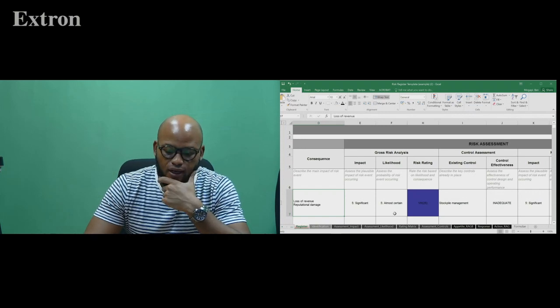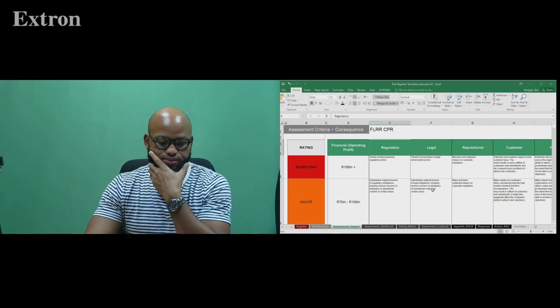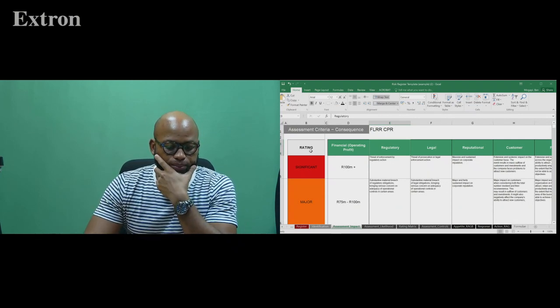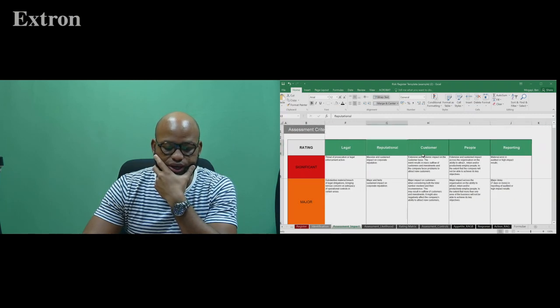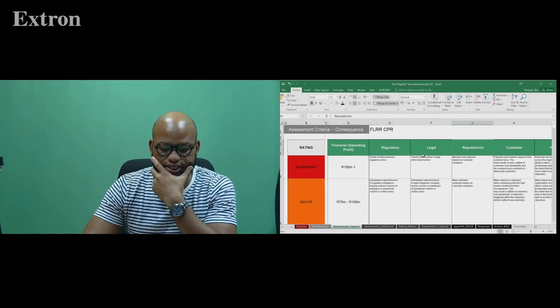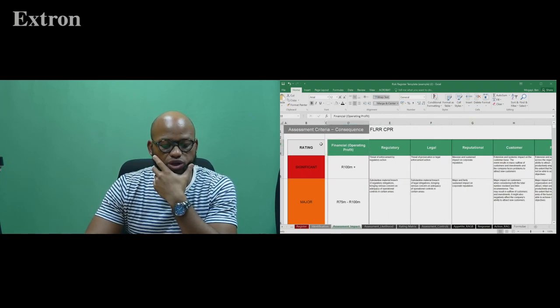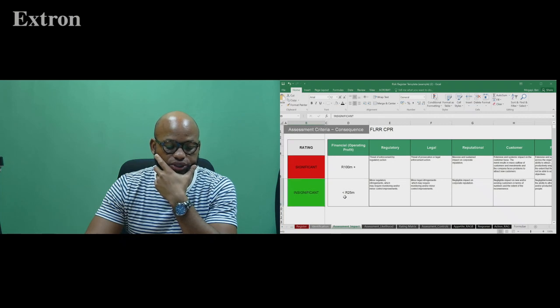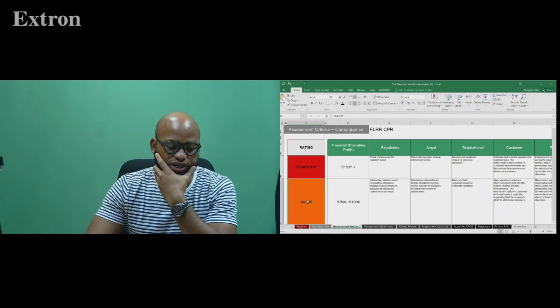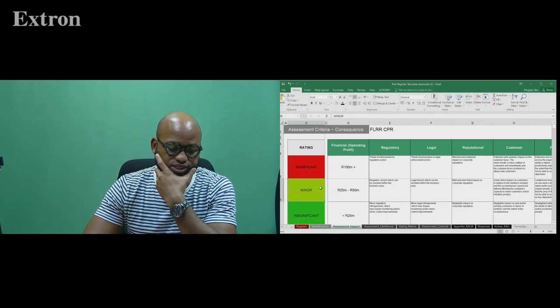Before we move on, I just want to show you in these tabs some of the aspects that we consider when considering the impact of a risk. So, assessment of impact. In this row over here are all the dimensions that we might want to consider in making a determination about whether or not we think a risk is significant, or at the opposite end insignificant, or something in between, like major or moderate or minor.